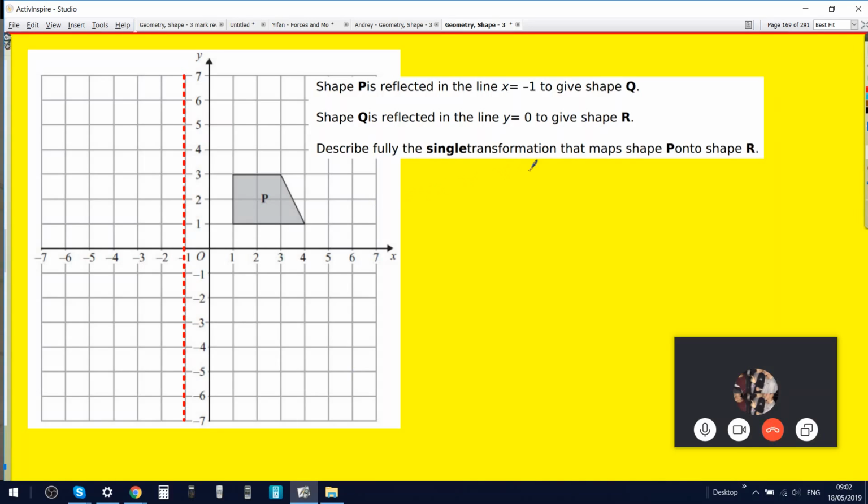Any idea about this one? So do you need to also draw a line for like y equals 0? Yeah, and that's basically just the x-axis.